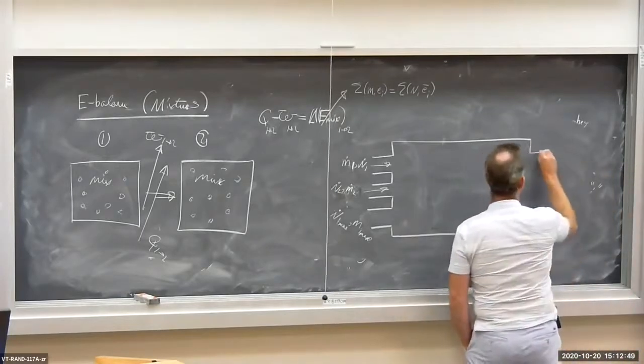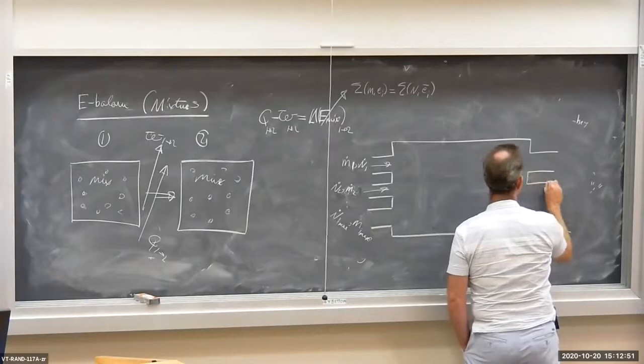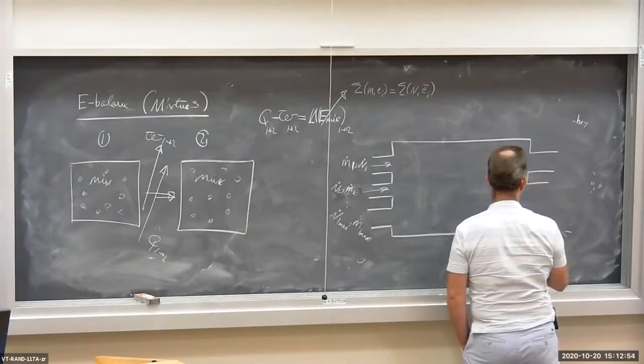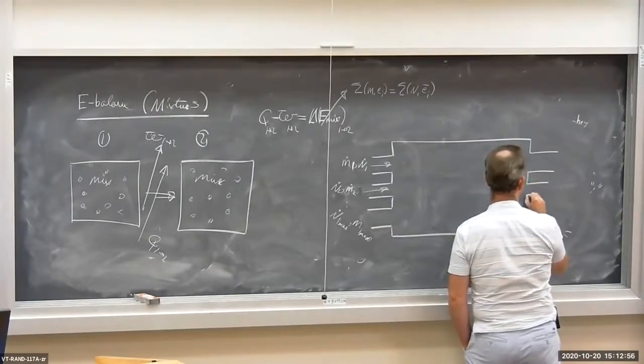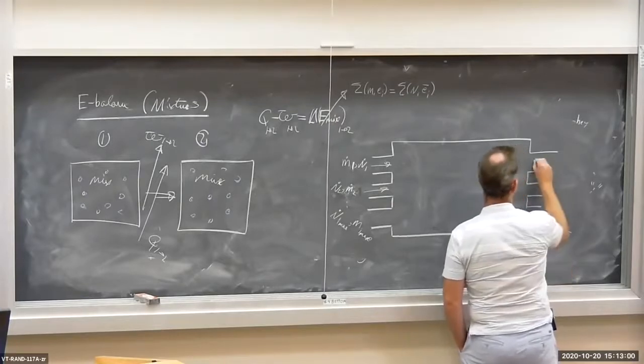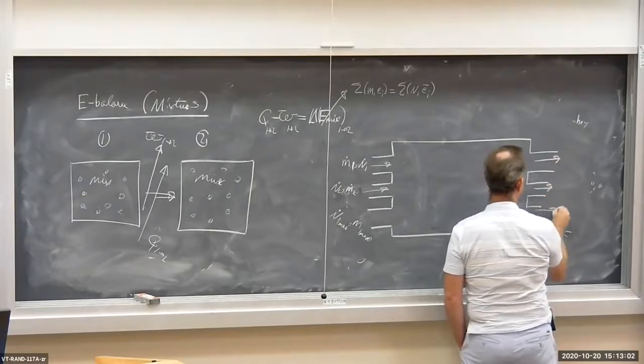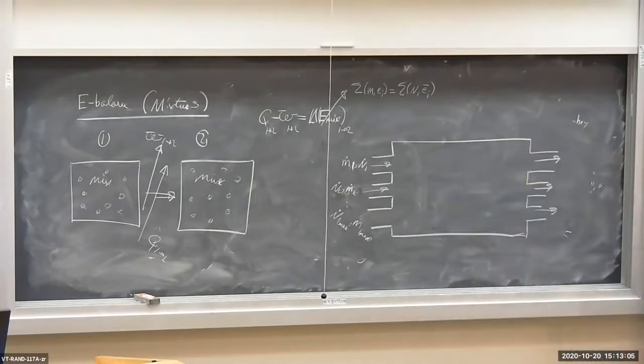And then maybe at the outlet, I have some components coming out too. I have a bunch of different species or components coming out, okay?